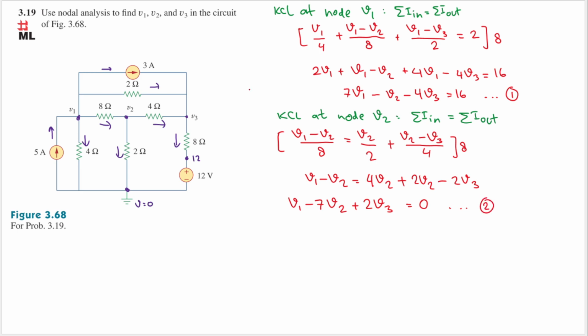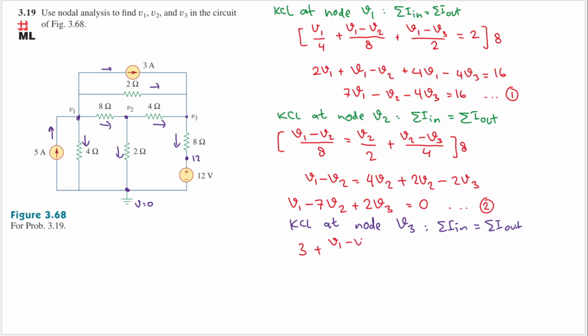Okay, now let's do the last equation, which is KCL at node V3. The current that goes in will equal to the current that goes out, right? Good. Now the current that goes in is this one here. We will have 3. And then plus this current here, that will be V1 minus V3 divided by 2.